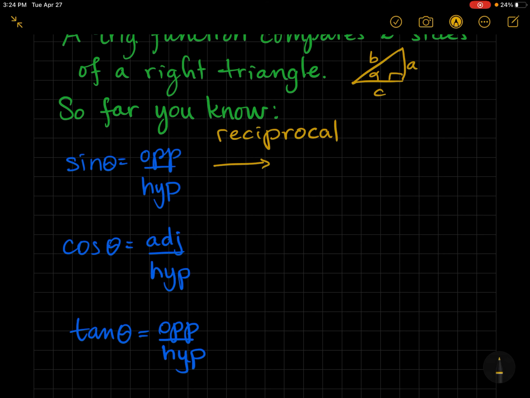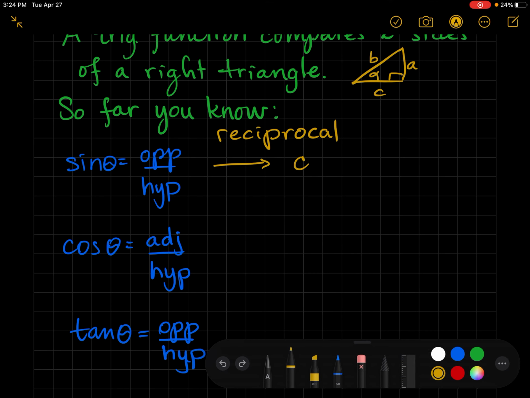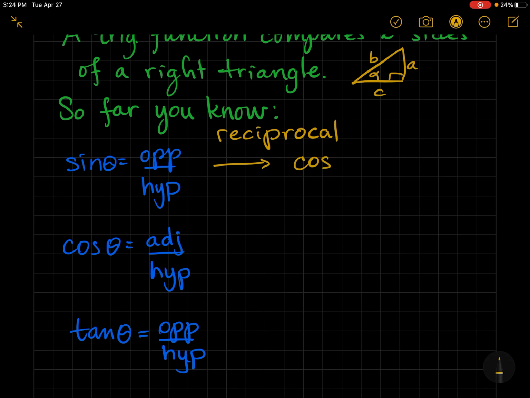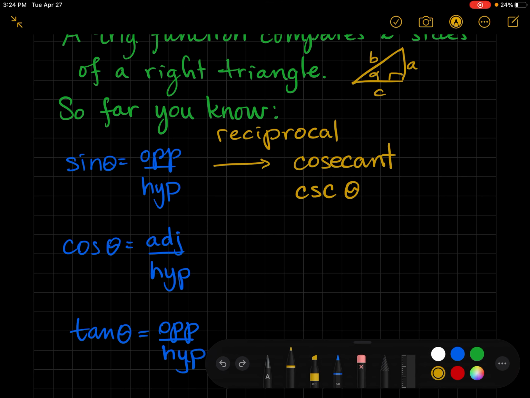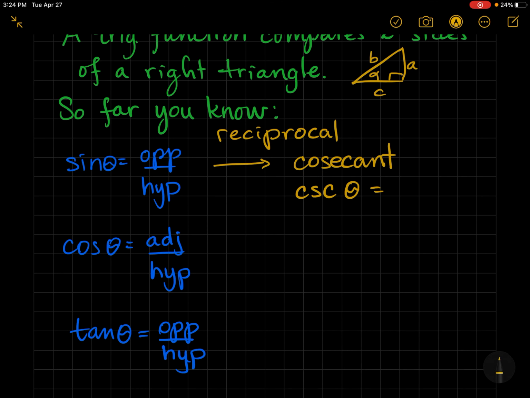So the reciprocal function for sine is cosecant. As a matter of fact, I'd like to spell that out for you. The reciprocal is cosecant, and we abbreviate that CSC. We can't use the first 3 letters, that's already taken with cosine. So we cannot do that. And the reciprocal of opposite over hypotenuse is hypotenuse over opposite.